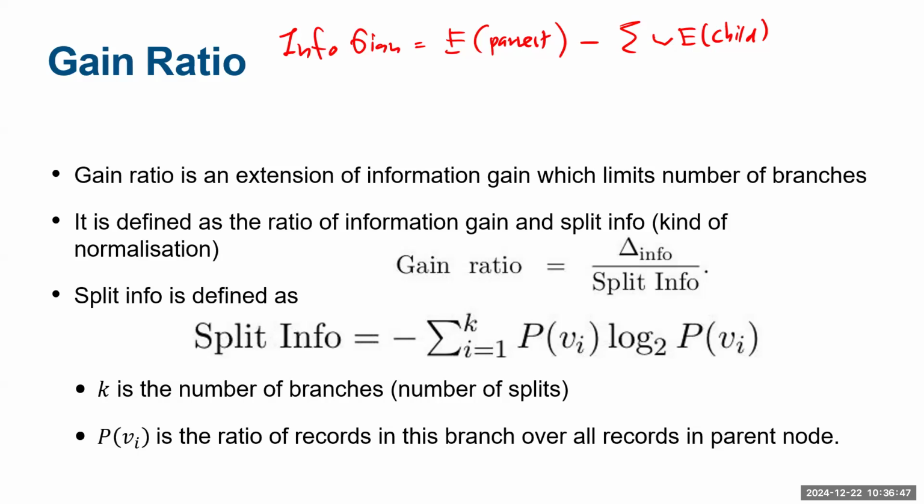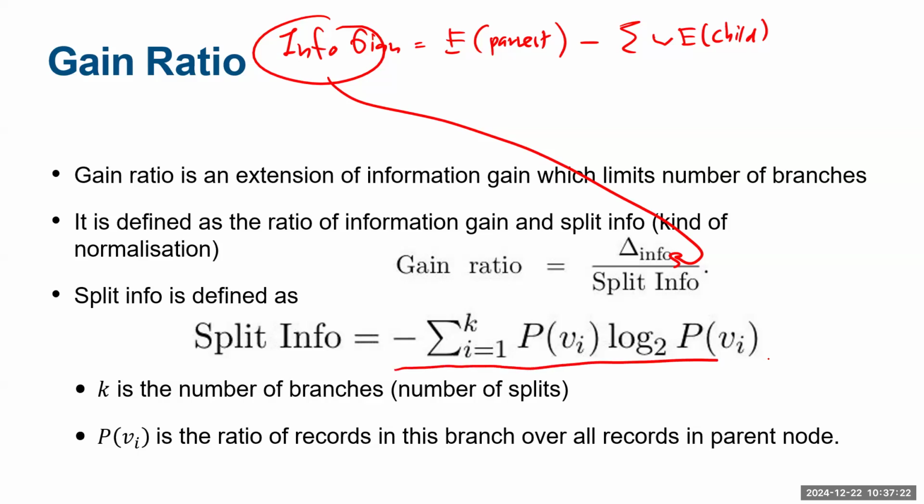Now for C4.5, they use the gain ratio. The top one is actually the same formula, but they use a ratio instead. And the denominator is the split info. And the split info is given by this equation.